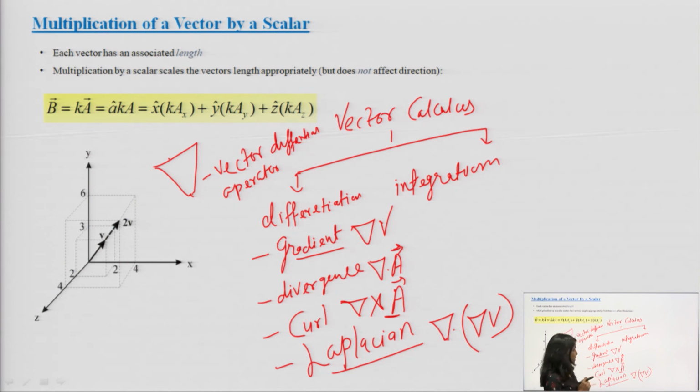So Laplacian maps a scalar quantity into a scalar quantity. So with the help of this vector differential operator, we derived 4 other kinds of differential operators, which are gradient, divergence, curl and Laplacian, which come under the vector calculus, especially the vector differential operator.